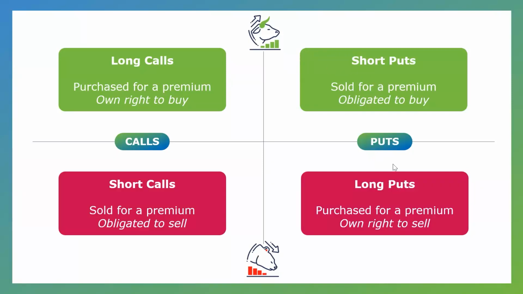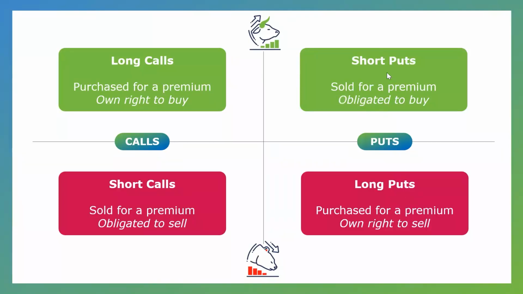So on the right-hand side, we have the put options. A long call is bullish, a short call is bearish. And on the right-hand side, we have another bullish strategy here, which is short puts. Short put is the opposite of a long put option. A short put option is sold for premium to the long put buyer.